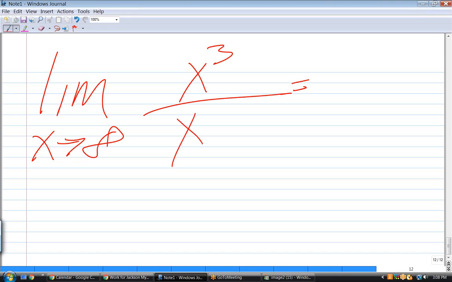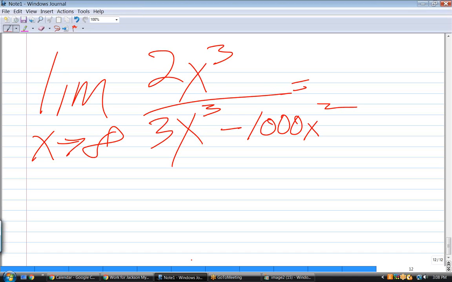If I had x to the third over x to the fourth, the denominator is blowing up. This thing's going to 0, not infinity. And if I had x to the third over x to the third, regardless of what else you have, I could have 1,000 x squareds there, and if that coefficient is 2 and that coefficient is 3, then this limit is 2/3.